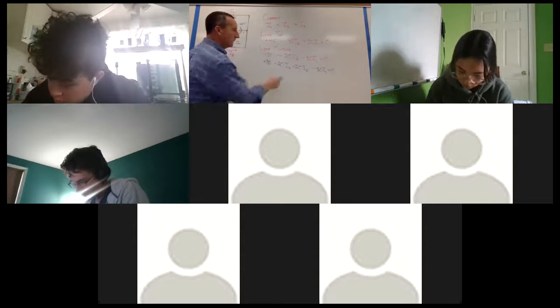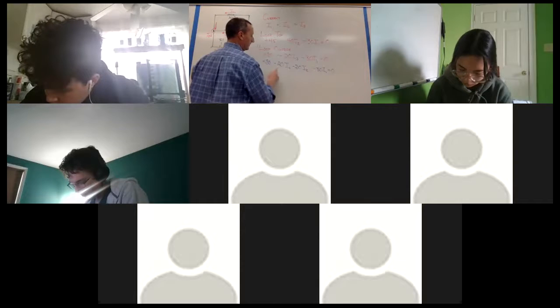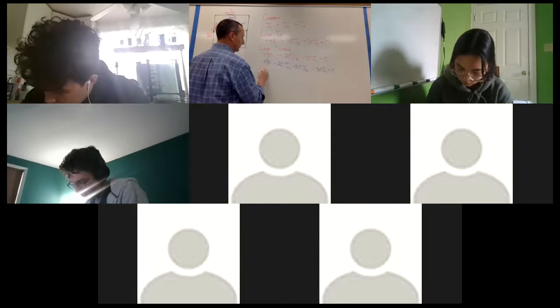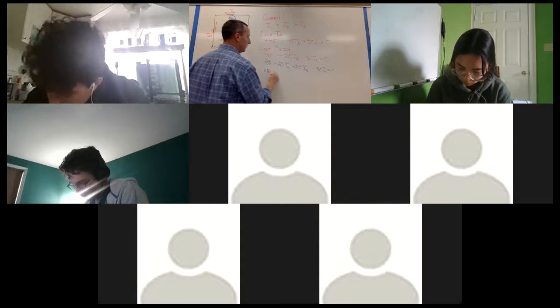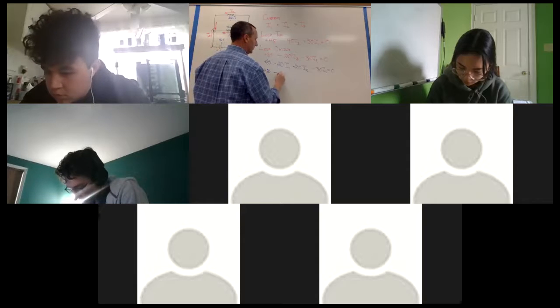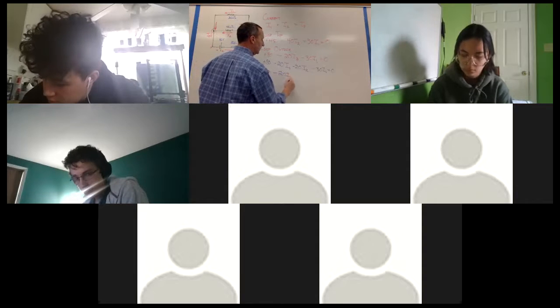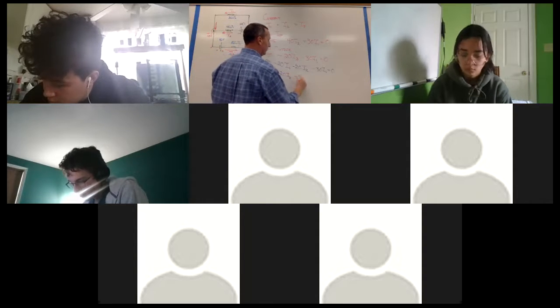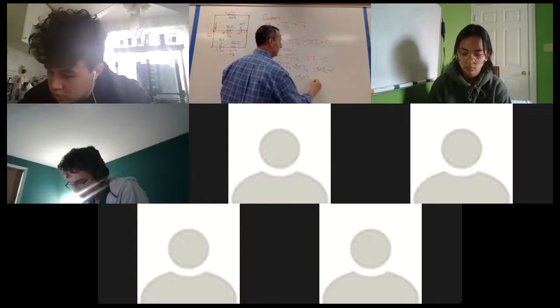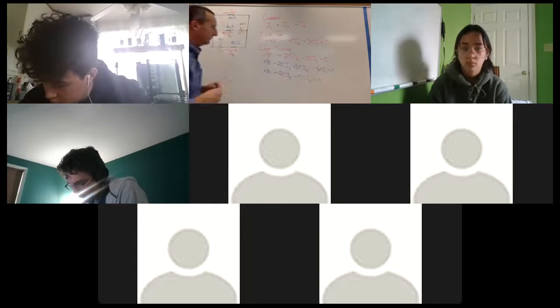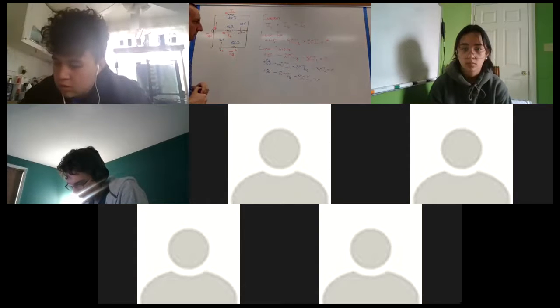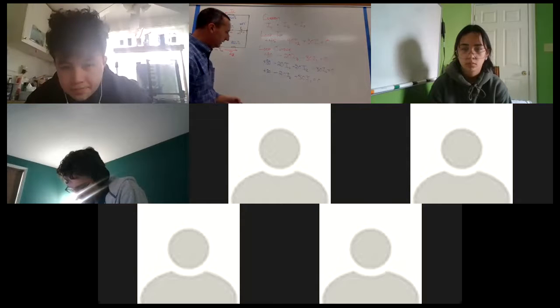All right? Simplifying that becomes 80 minus 20 I2 minus 50 I1 equals 0. All right.